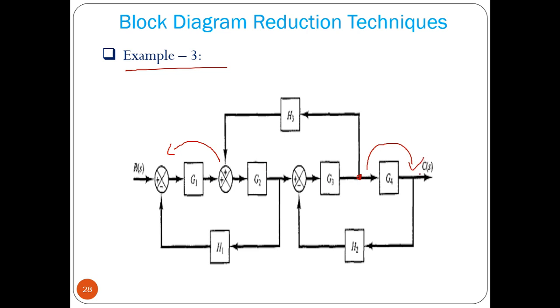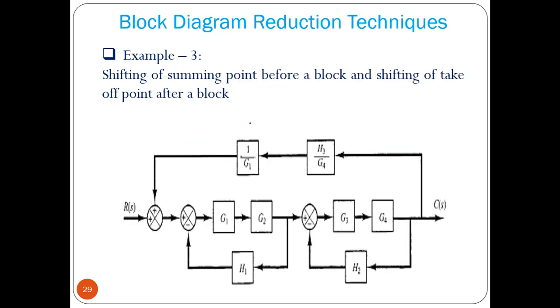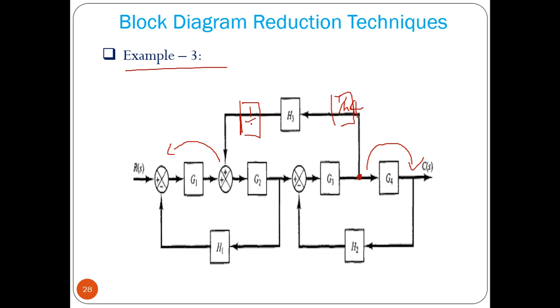If we shift this here, we have to add a block here whose value should be 1 divided by G4, right, 1 divided by G4. If we want to shift here, before a block, we have to insert a block of value 1 divided by G1. Okay, 1 divided by G1, right?